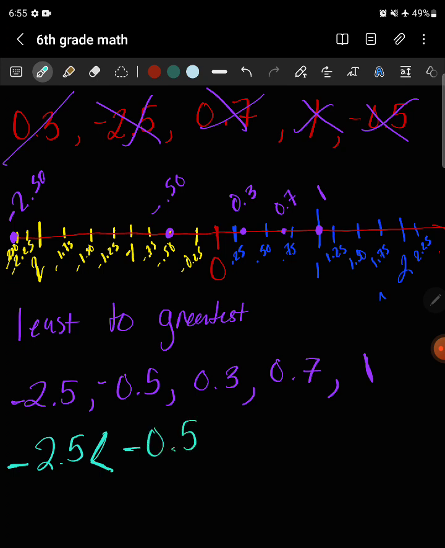Well, negative 5/10 is less than 3/10. And 3/10 is less than 7/10. And 7/10 is less than 1. All right, and so this is how you put these numbers from least to greatest using inequalities.